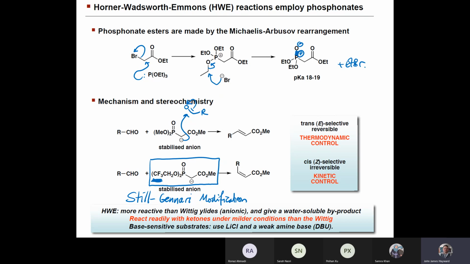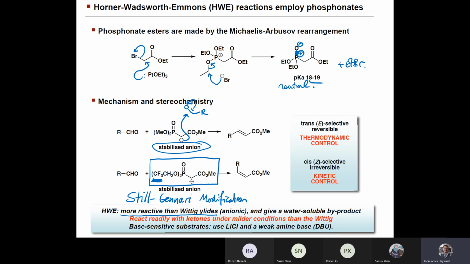And one of the great reasons to use Horner-Wadsworth-Emmons is because this product is neutral. You can deprotonate it with a base to generate an anion, and the anion is more reactive than standard Wittig ylide because it's actually anionic rather than neutral.